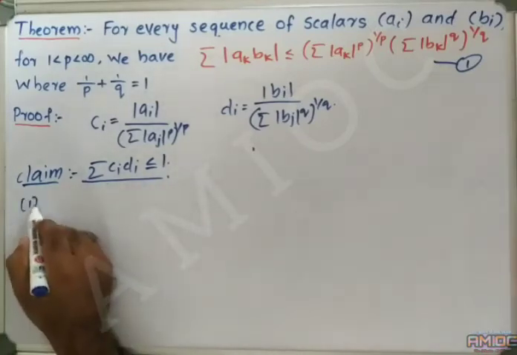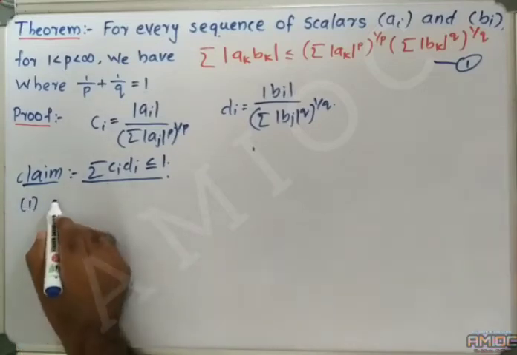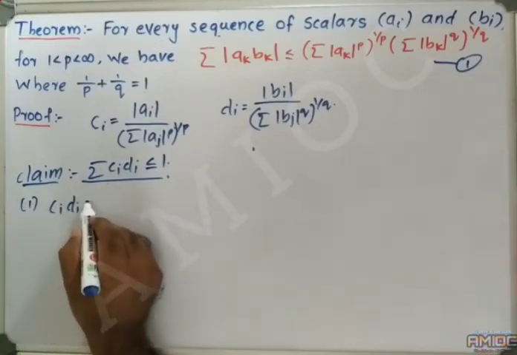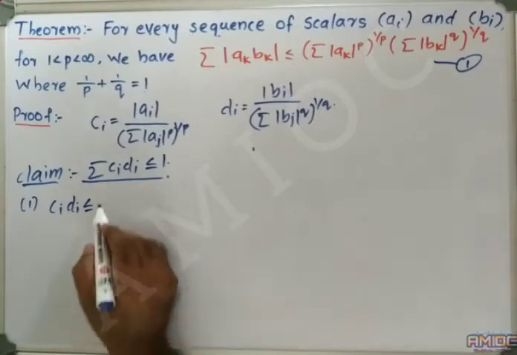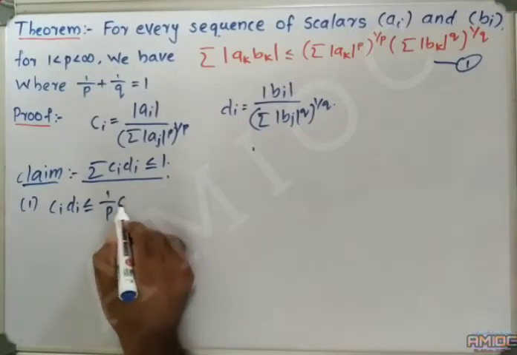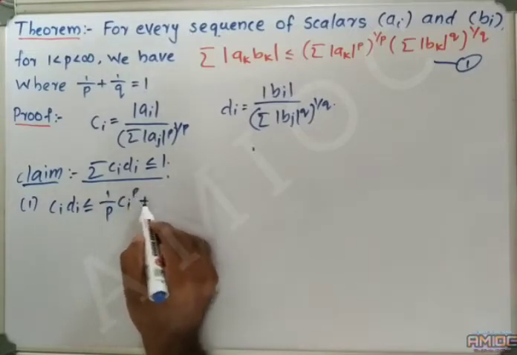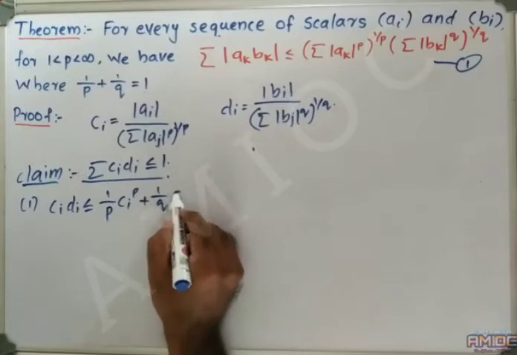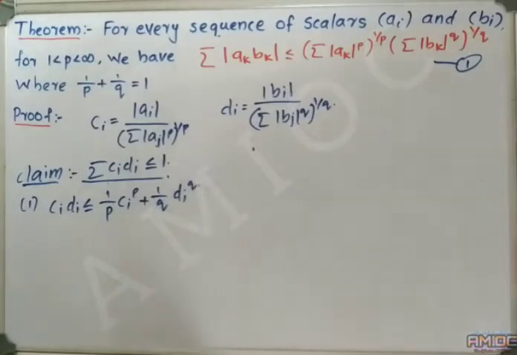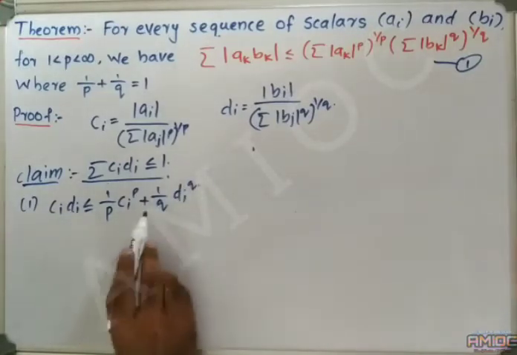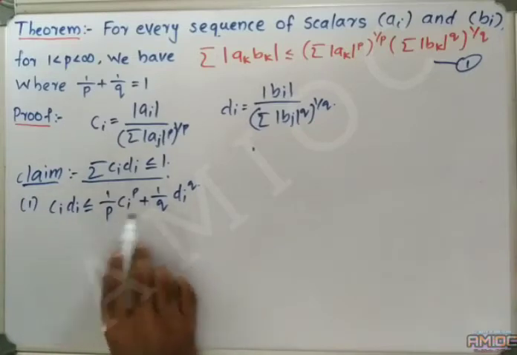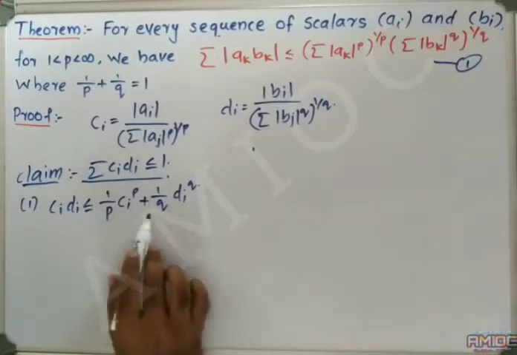For that, first we will prove c_i d_i is less than or equal to (1/p) c_i^p plus (1/q) d_i^q. We can show this graphically.